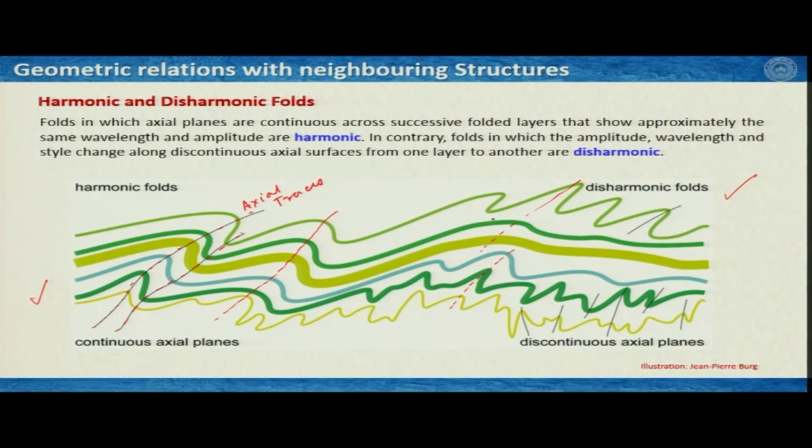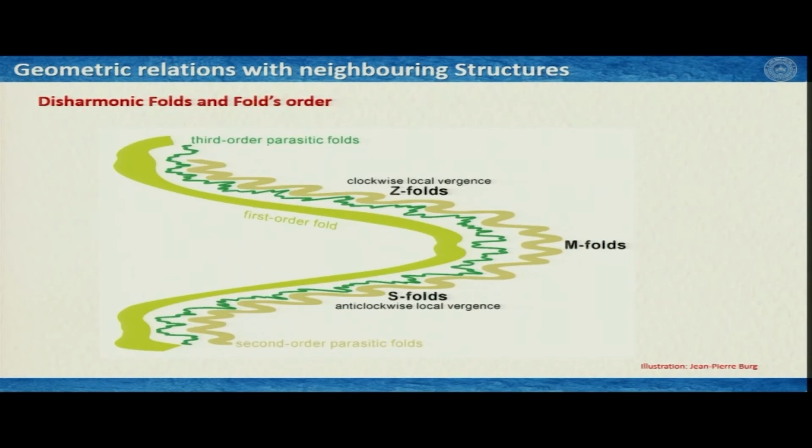So, there is a discontinuity, there is a disharmony. Here, for example, you see an antiform, and if you try to connect it, you arrive at a synform. So, all these things are a little jumbled up, and therefore they do not have any harmony in these folded layers, and we therefore call them disharmonic folds. So, we learnt what is harmonic and what is disharmonic fold.